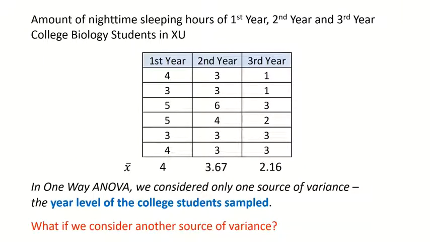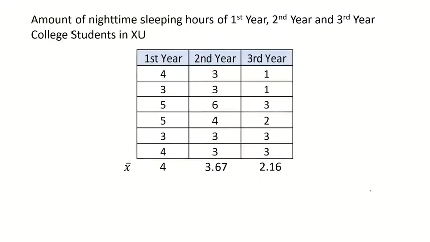So what if we consider another source of variance, not just the year levels of the students? What if we add another criterion, in this case, course?